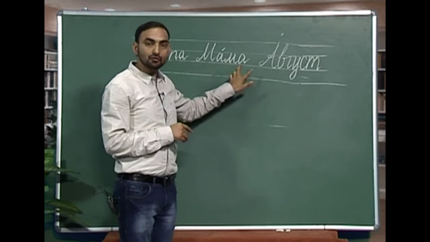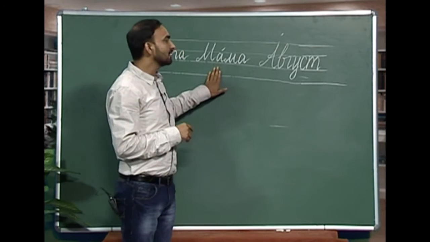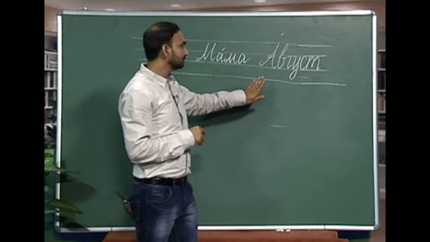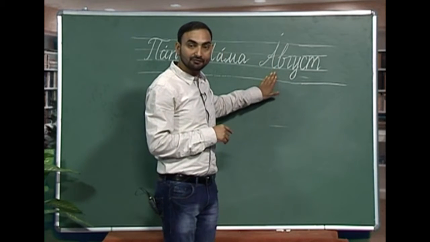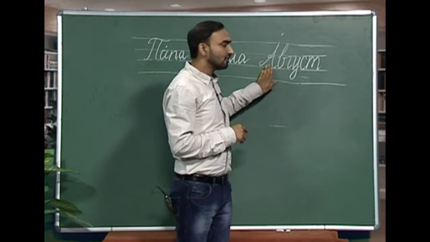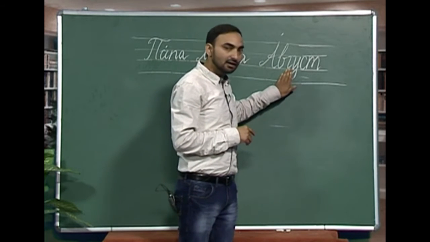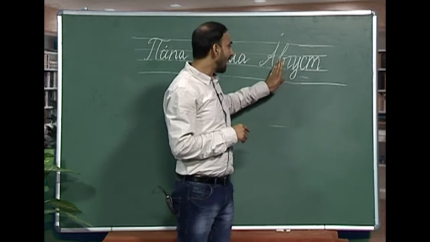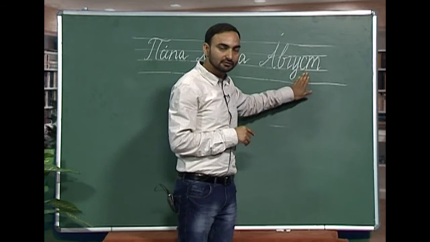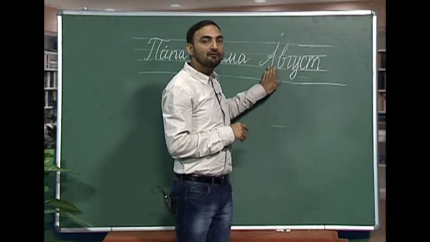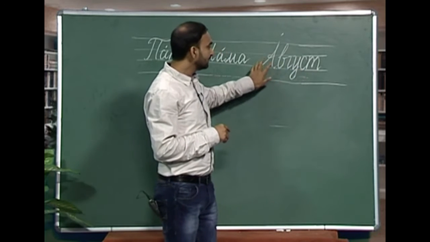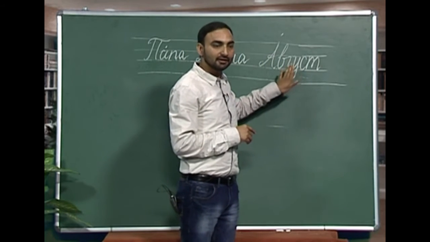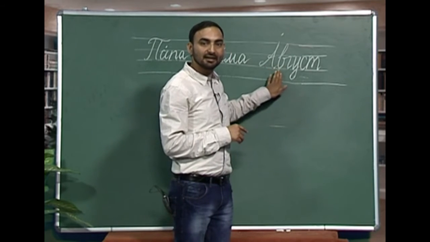Again there are two vowels in this word, so this is a disyllabic word. The third word that we have is Avgust. Again this word has two vowels, a and u, so this word is again a disyllabic word.